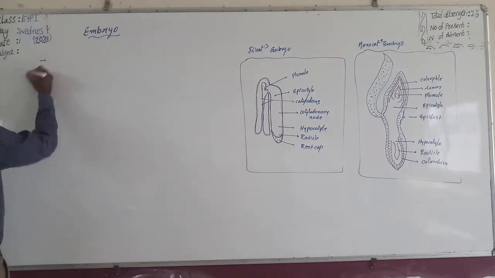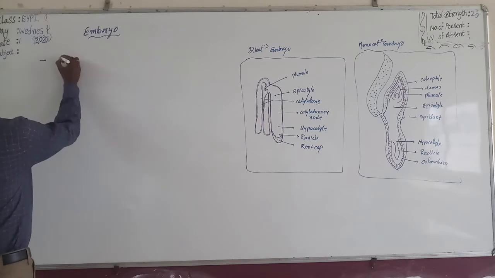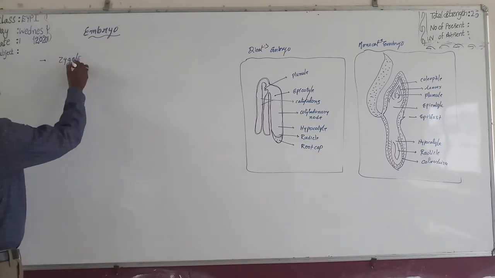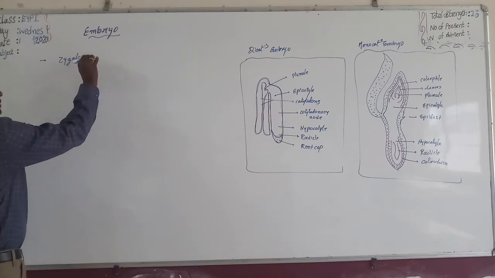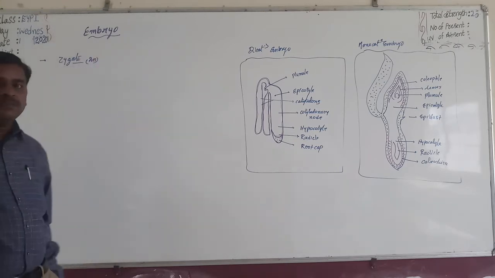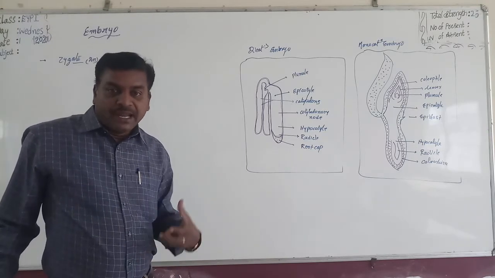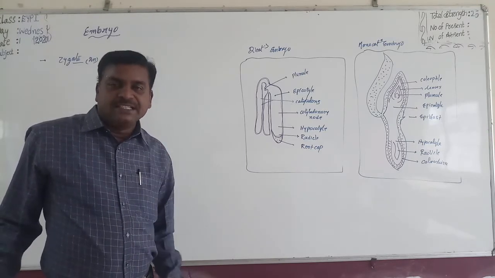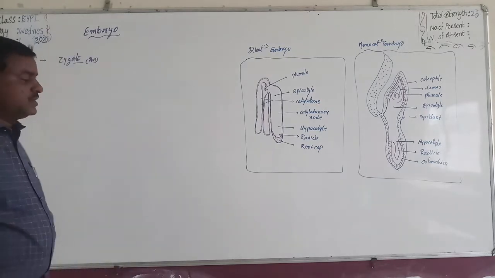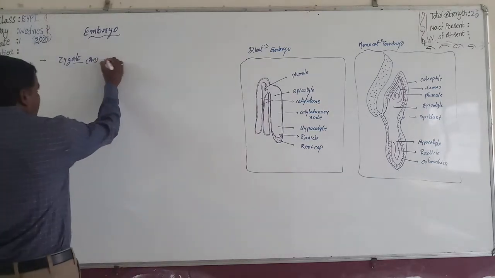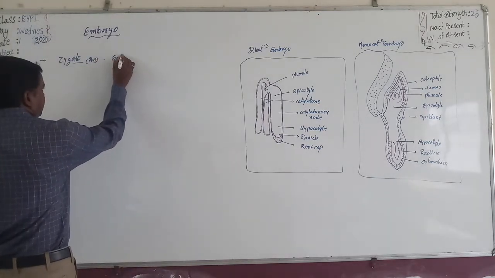Students, after fertilization, the zygote is formed. In higher plants like angiosperms, fertilization takes place in the female parent, in the embryo sac.